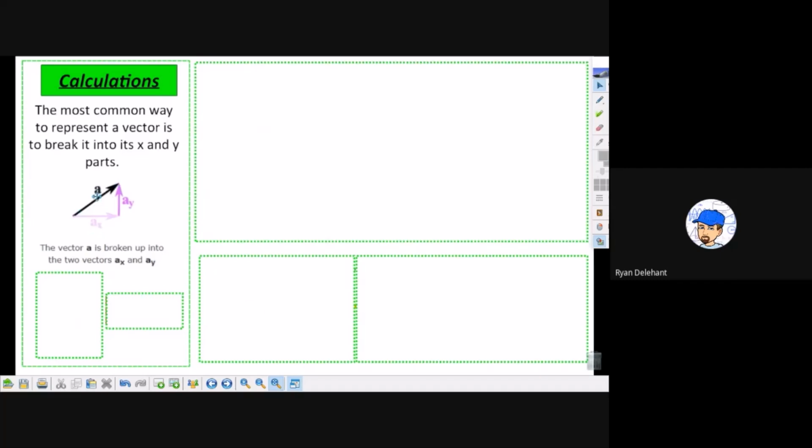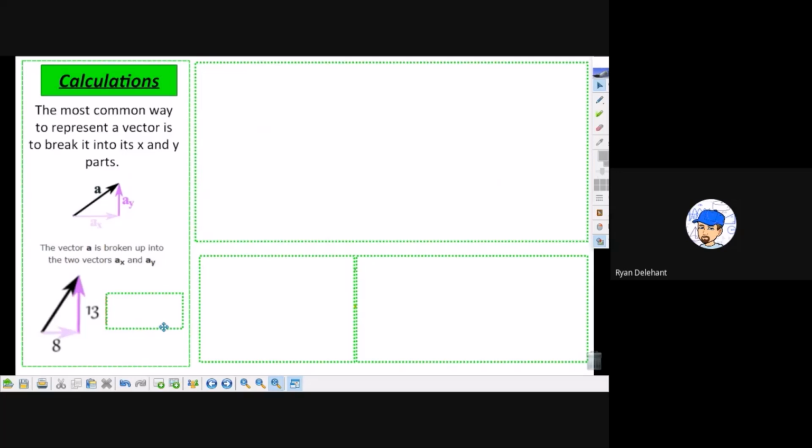So if you look at this vector A, what we're doing is we're breaking it up into two vectors, A of X, which is its X distance that we would travel from its starting point to its end point, and then A of Y, which would be the Y distance. So this would be kind of vector components of this vector. Now the way that we would notate this is it looks very similar to a coordinate for some of them.